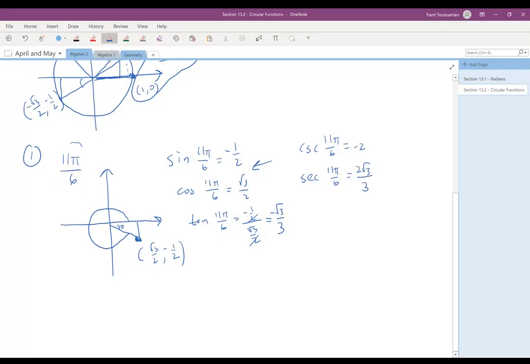And then the cotangent of 11 pi over 6 is just the reciprocal of the tangent, which is root 3 over 2 over negative 1/2. The 2's cancel, and so I get negative root 3. Those are the values of the 6 trig functions at that point. If you can just get the point labeled, then it's really easy to fill out the value of the 6 trig functions.